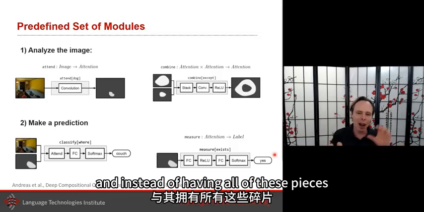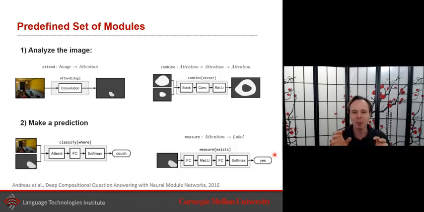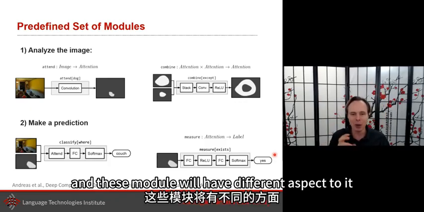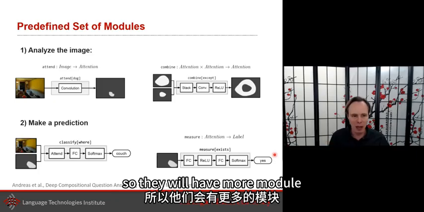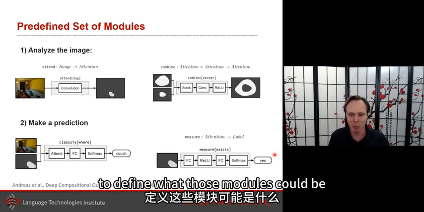And instead of having all of these pieces be the exact same unit, like in a tree LSTM, here we'll have dedicated modules. These modules will have different aspects to them.